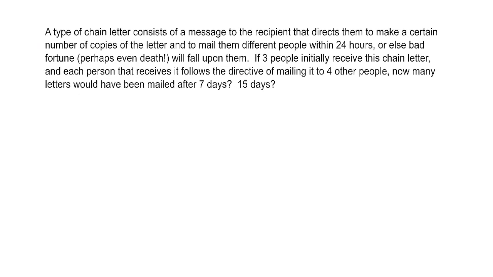Well, let's finish off this other example. So we want to look at S of 15 because we want to know what's happening after 15 days. So how many letters are sent out? We take our formula, a times r to the n minus 1 over r minus 1. In this case, a was 3, the common ratio was 4, and we want 15 days.